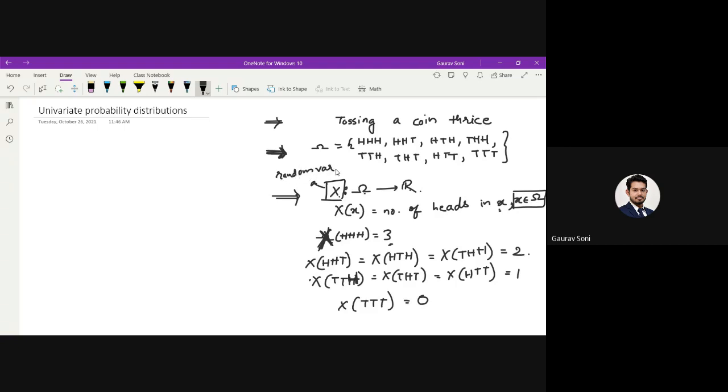So anyone, what is a random variable? Can you define the random variable from this experiment now?